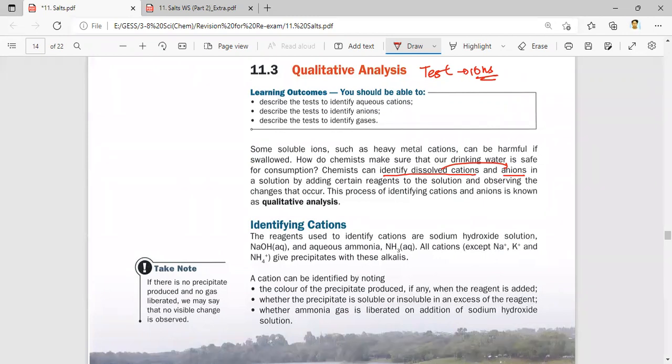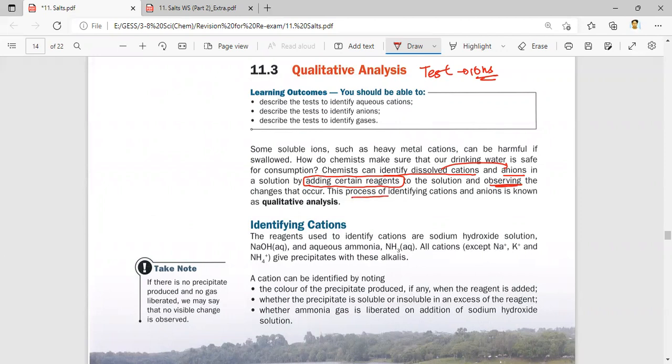Okay, so how do we identify them? We add certain reagents. So we must add something to it. Then we observe. So add something, we see what's the change, to really find out whether there is or there isn't that particular cation or anion.